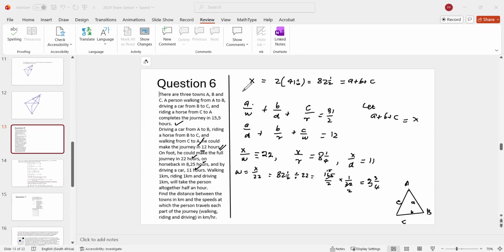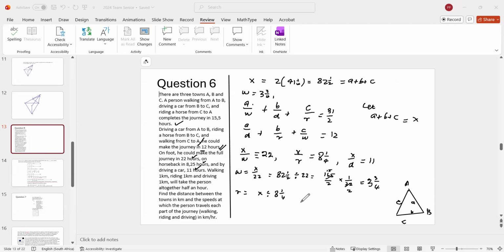Let's just write that here. We calculated W, and we got all that. Now let's try to calculate R. R is X divided by 8 1/4.